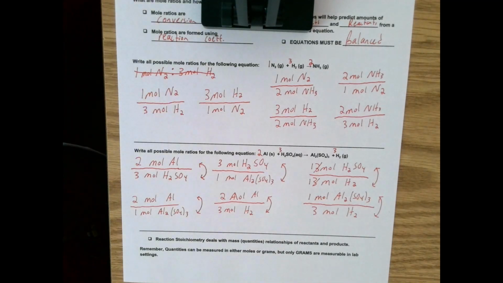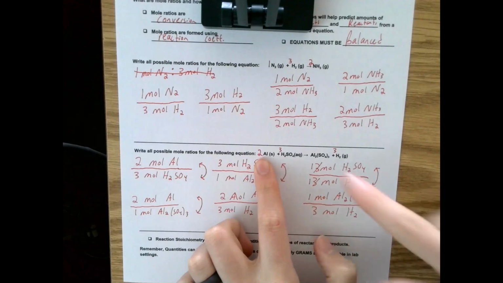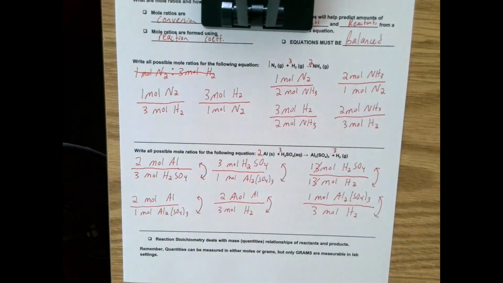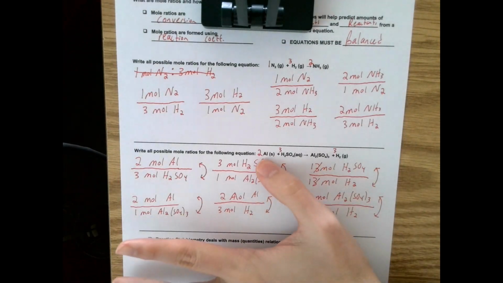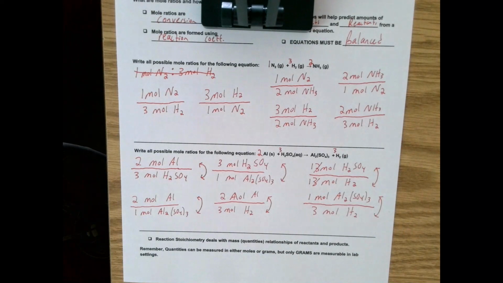So if we think back to this example, I can't say that 2 grams of aluminum produce 3 grams of hydrogen. That's not a true statement. However, I can say that 2 atoms of aluminum produce 3 molecules of hydrogen. That is the comparison that we need. We need to compare moles to moles.